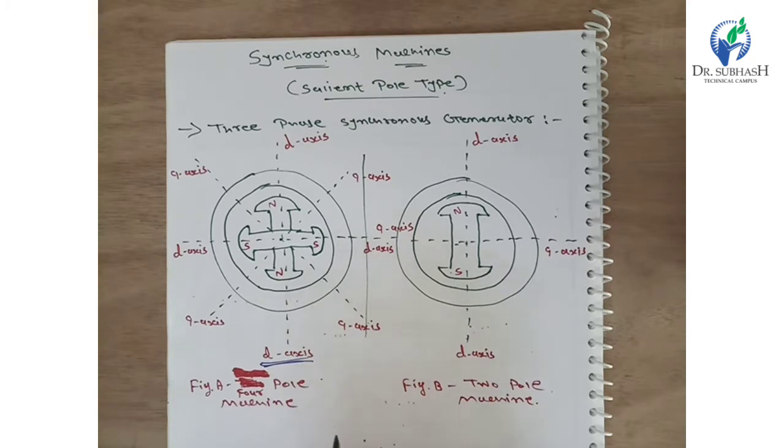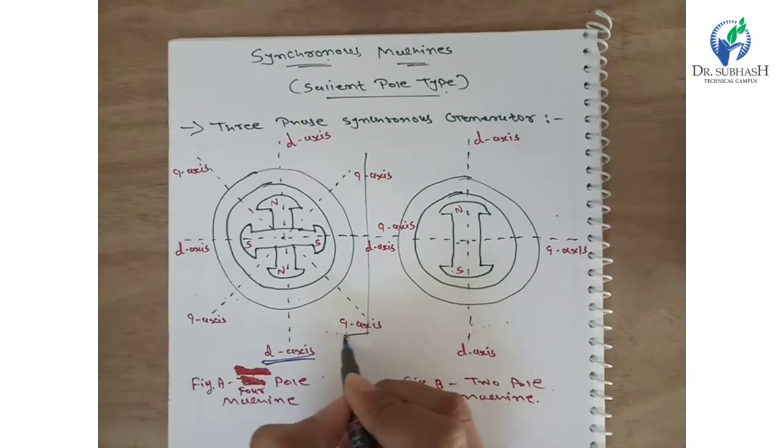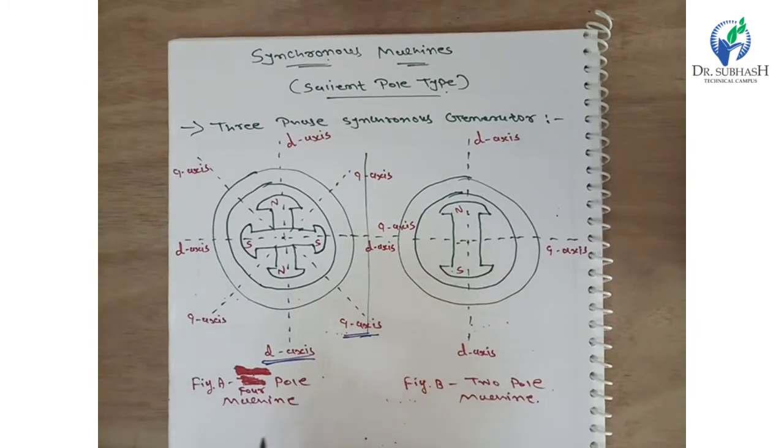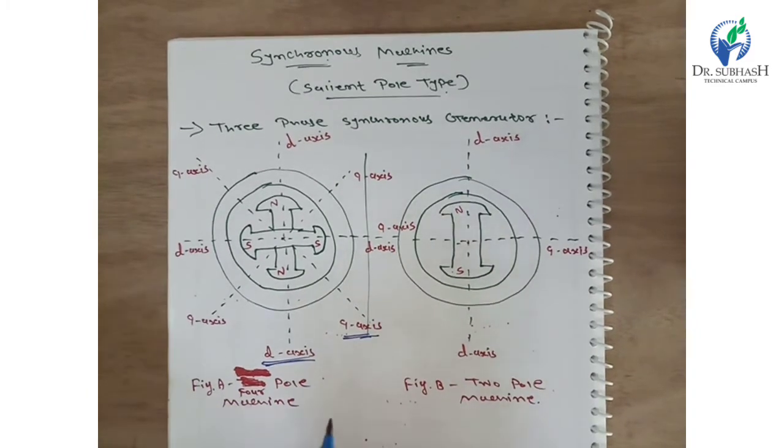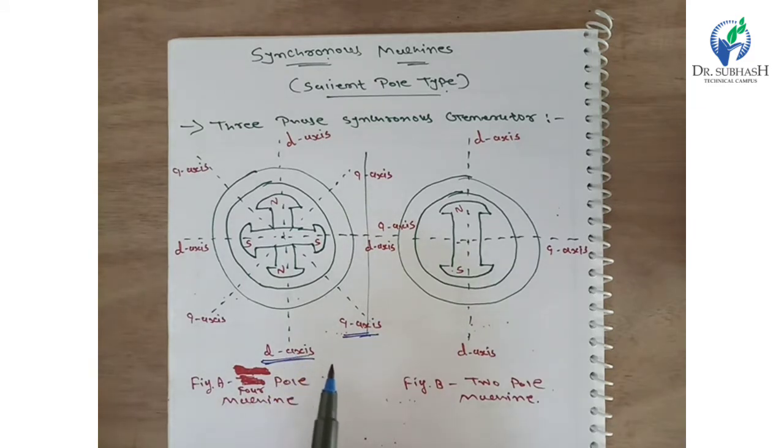The quadrature axis means the axis of symmetry halfway between adjacent north and south poles, known as the quadrature axis, the Q axis. Here I repeat, the axis of symmetry halfway between adjacent north and south poles is known as the quadrature axis.